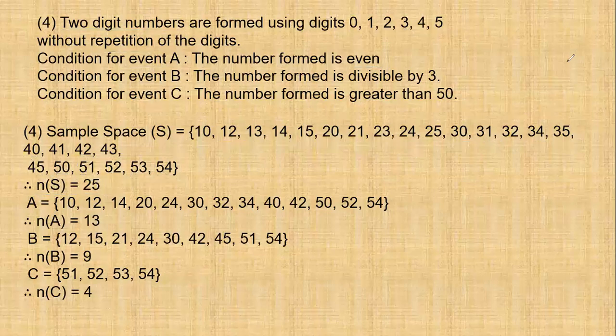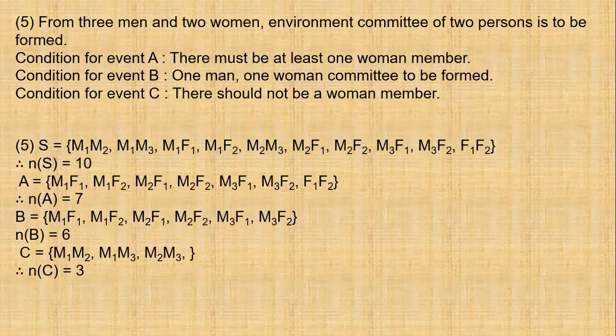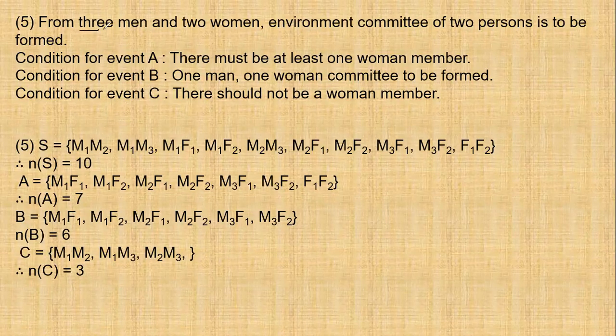Now next one, fifth one. From 3 men and 2 women, a committee of 2 persons is to be formed. 3 men and 2 women. So 3 men, you can take M1, M2 and M3.